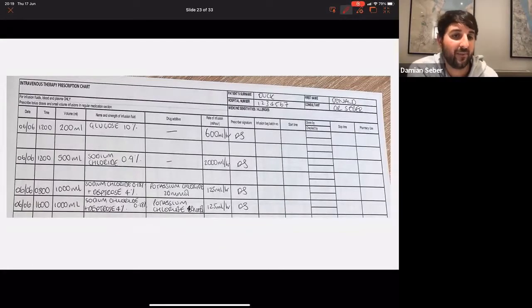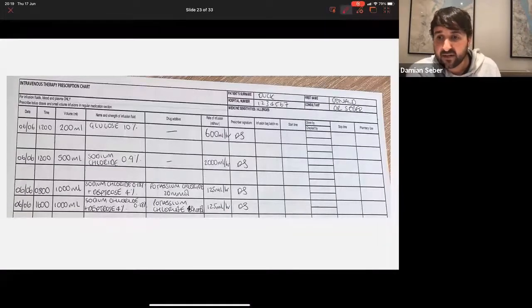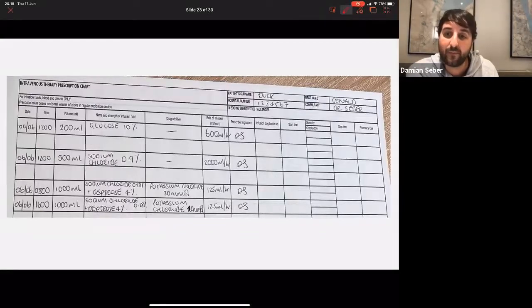And then for maintenance, for a 67 kilogram person, you need 2.1 liters. If they're 80 kilograms, you just wouldn't use the 0.18% bag, you would use a 0.3% bag.